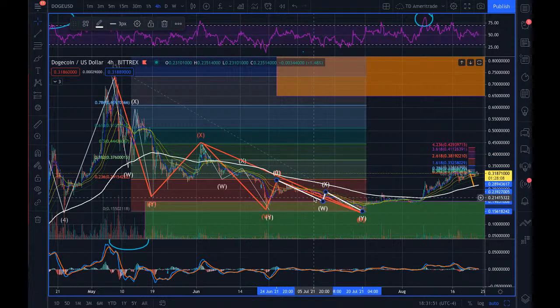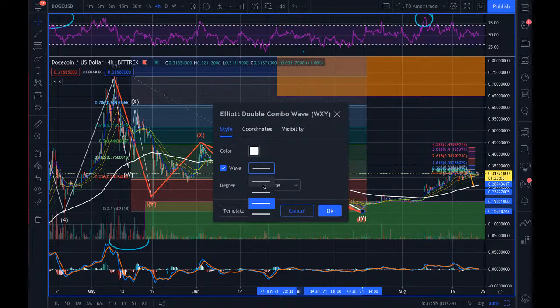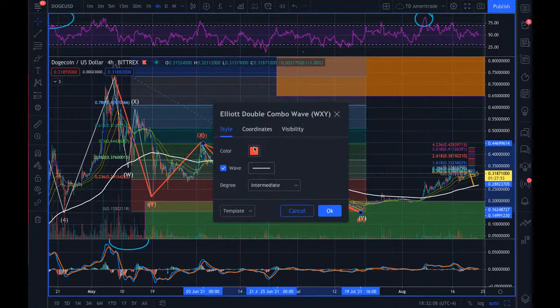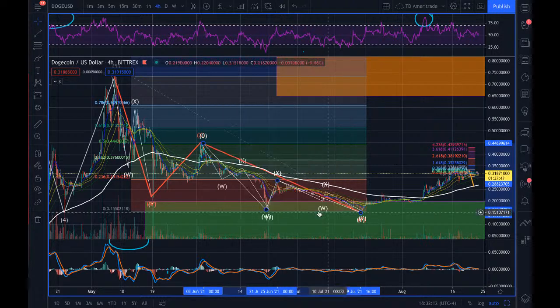So these white lines are the subwaves of this orange or red line. I'm going to make this one white as well. So we have 3 subwaves down, 3 waves up, and 3 waves down is what it looks like.